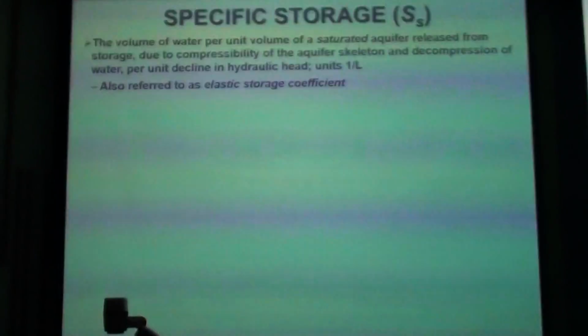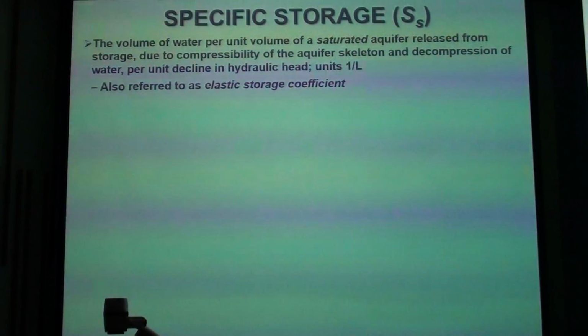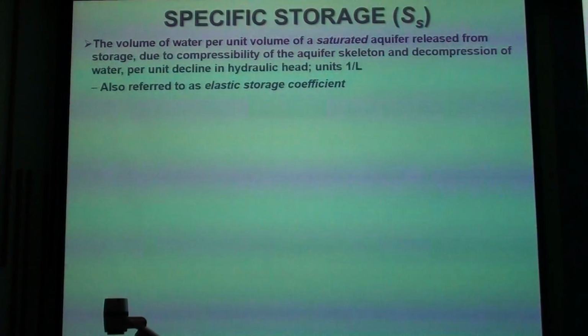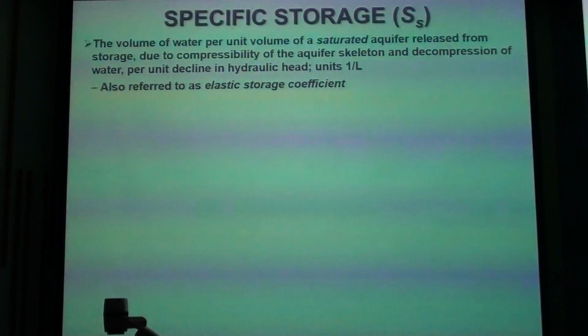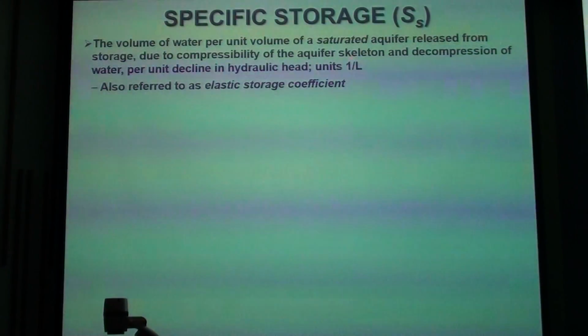Specific storage. Righty, so it can get a little bit more complicated here. The volume of water, the unit volume, it can be a metre by a metre by a metre, or foot by foot by foot, it doesn't matter. The unit volume that will be released from the aquifer when you disturb it, due to the compressibility of the aquifer itself and the decompression of the water, per unit decline in hydraulic head.